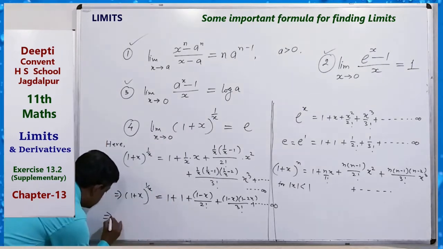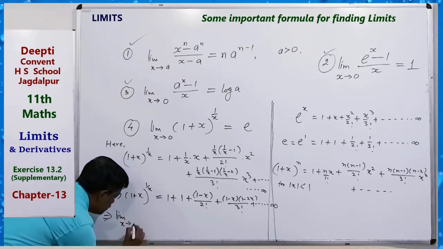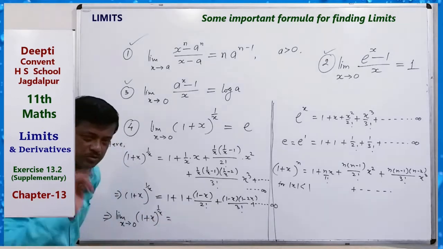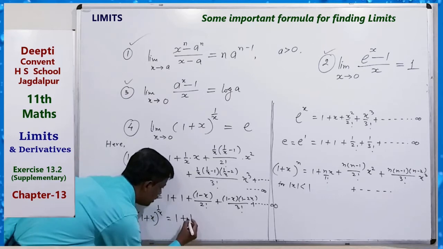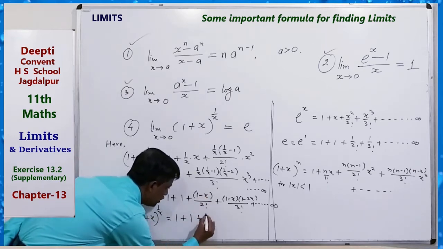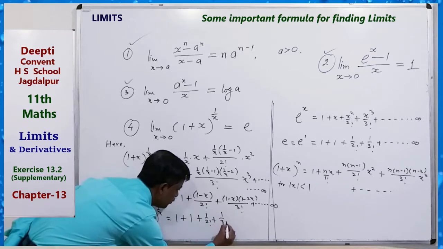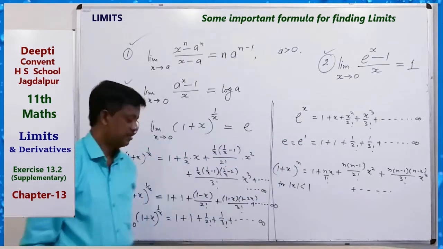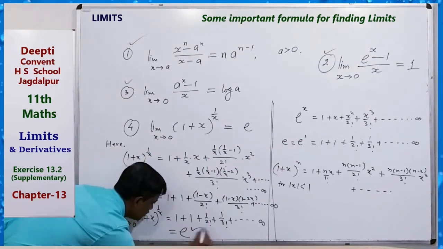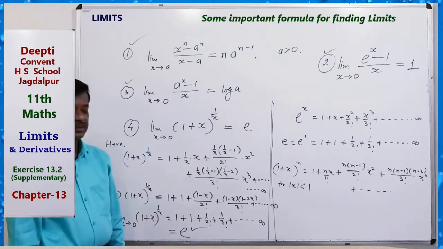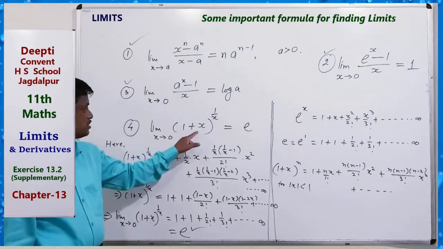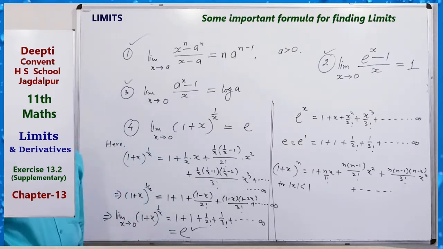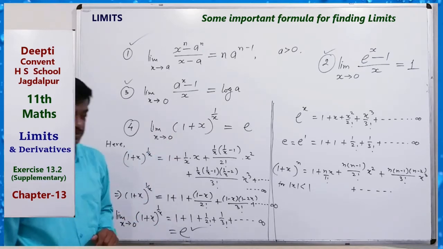So the limit of (1 plus x) to the power 1 by x equals 1 plus 1 plus 1 by 2 factorial plus 1 by 3 factorial and so on. And this equals e. So this is the formula: limit x tending to 0 of (1 plus x) to the power 1 by x equals e. Clear? So this is the fourth special limit.